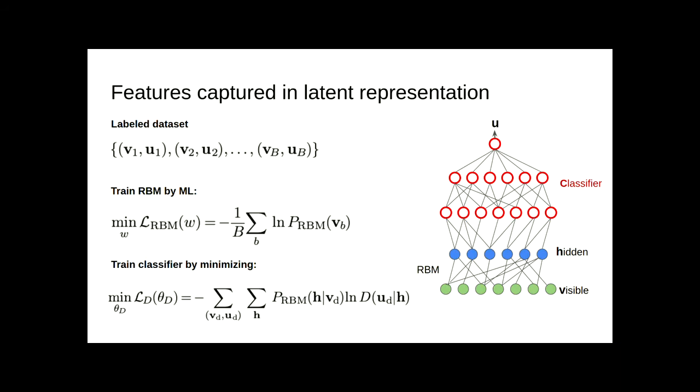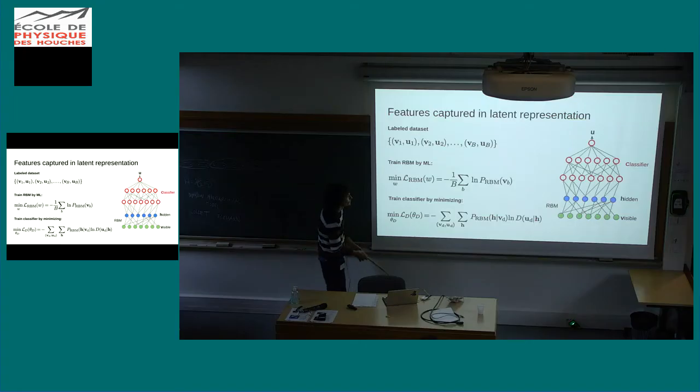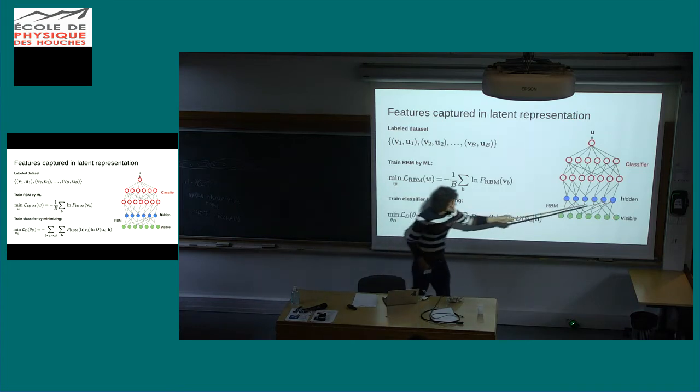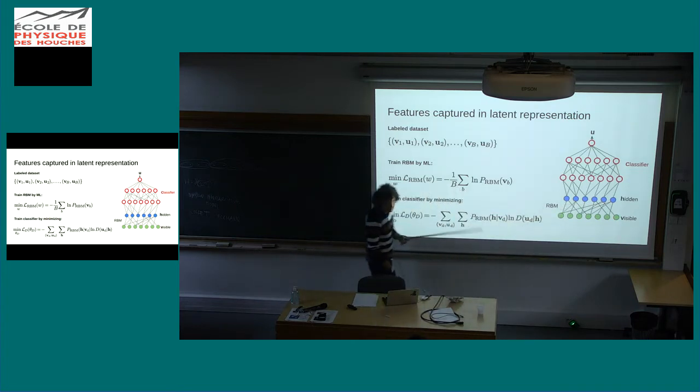So how can we actually see a bit more detail of how the latent representation is actually encoding a given feature of the data set? So now we consider a labeled data set where we again have the configurations of the visible layer, so protein sequences. And then the label is telling me something about the given protein, for instance, the location, as in the previous example, or whatever.